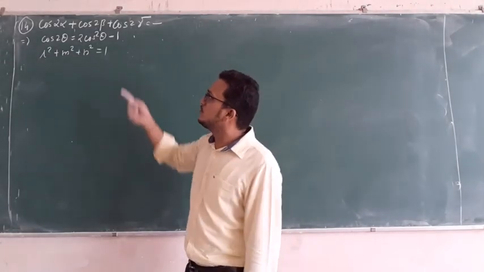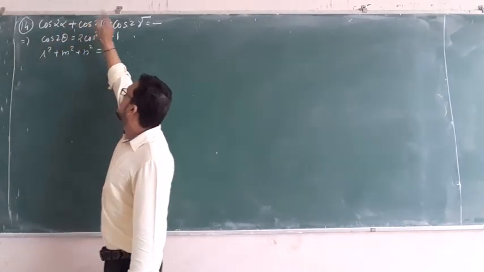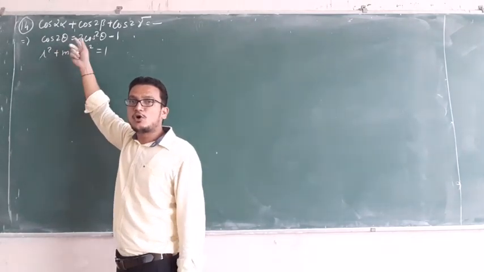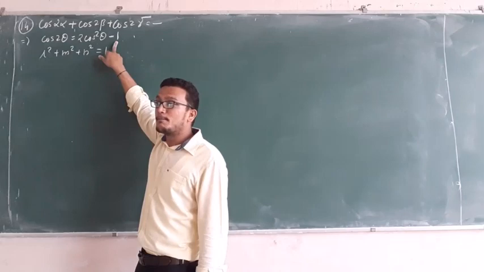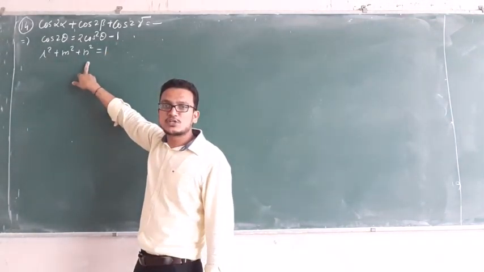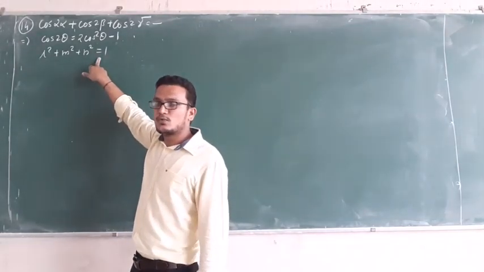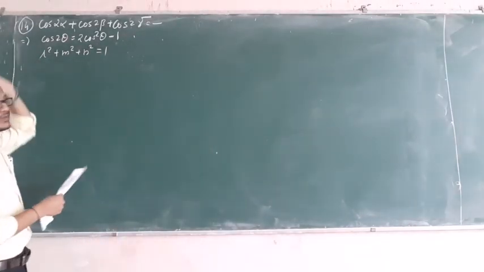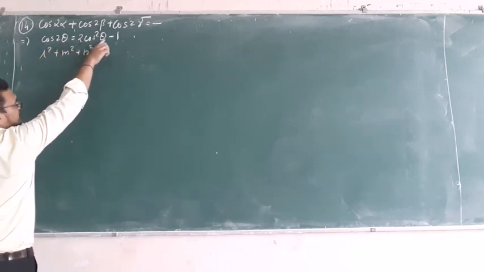Okay, so here if you observe in the question, we are having 2 alpha, 2 beta, 2 gamma. So I have written one of the trigonometric formulas in terms of cos 2 theta, that is 2 cos square theta minus 1. Also we have one of the relations with respect to direction cosines. What is that? L square plus m square plus n square is 1. Here L square is cos 2 alpha, but how to write cos 2 alpha? 2 cos square theta minus 1.